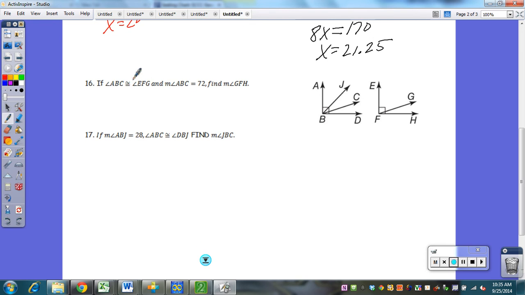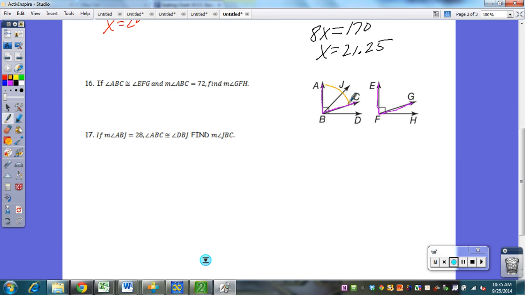So here we're being told that angle ABC is congruent to EFG. Okay? And so the measure of angle ABC is equal to 72 degrees.